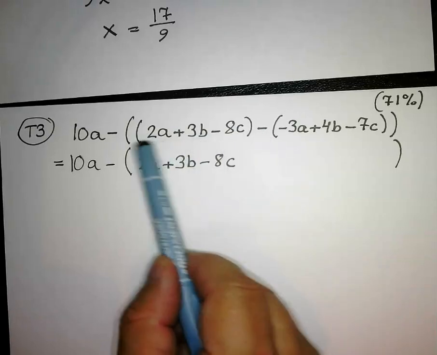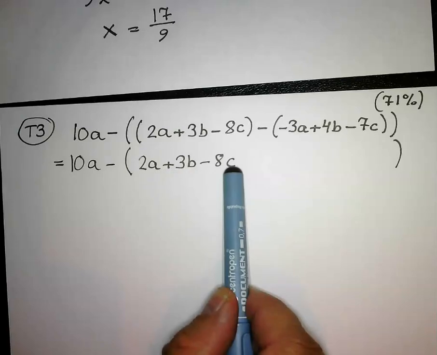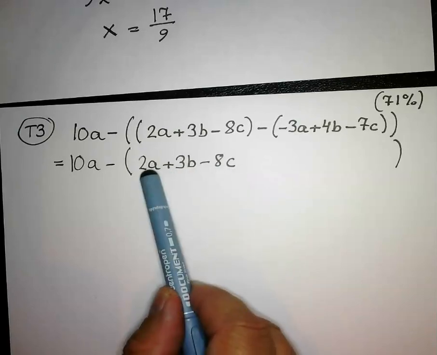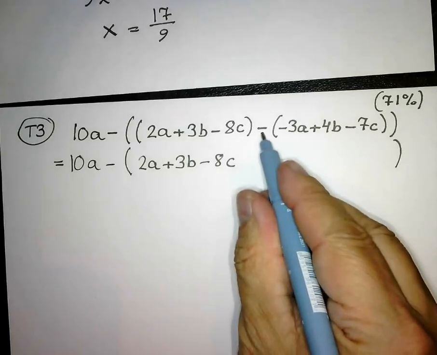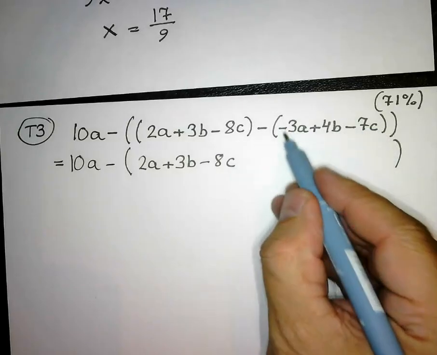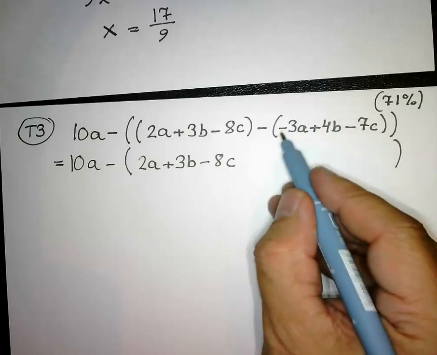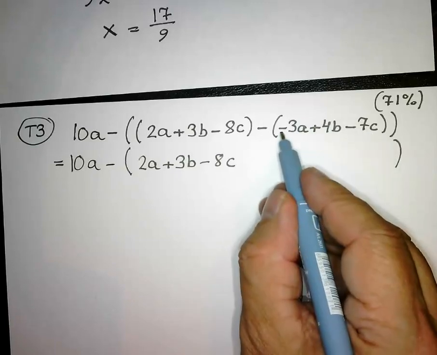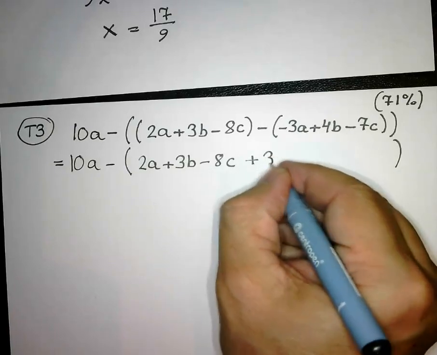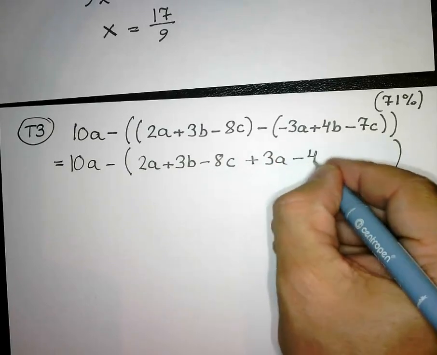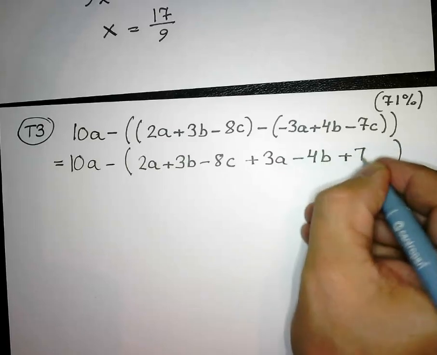Here it is, but here it is not. So here you can't change the signs, but here you have a minus sign, so these signs are changed. So there will be plus 3A minus 4B plus 7C.